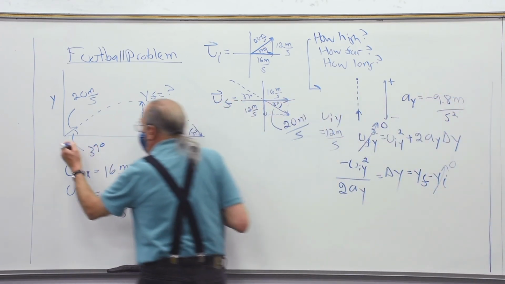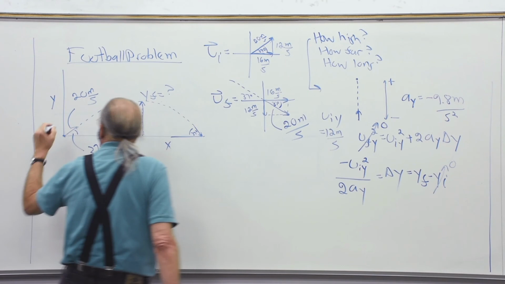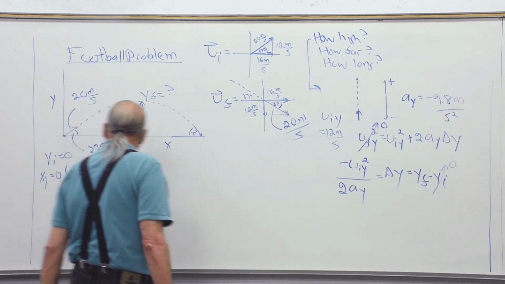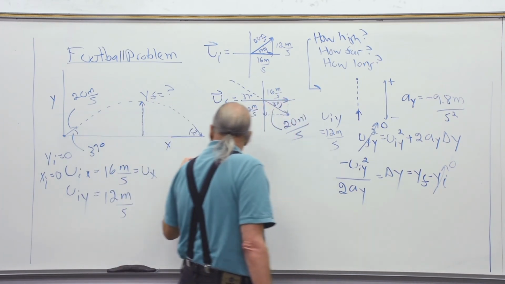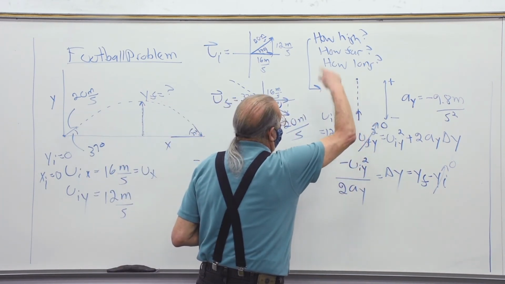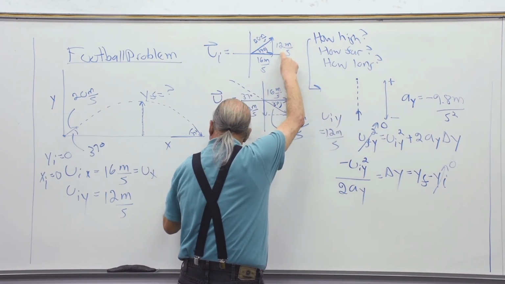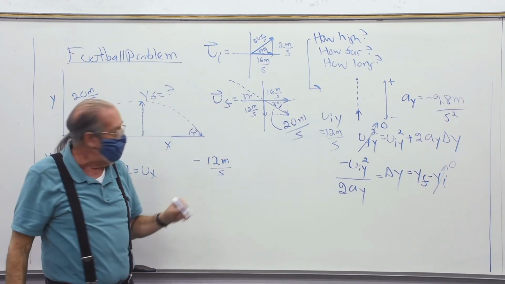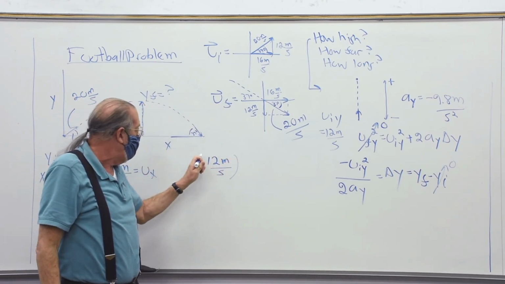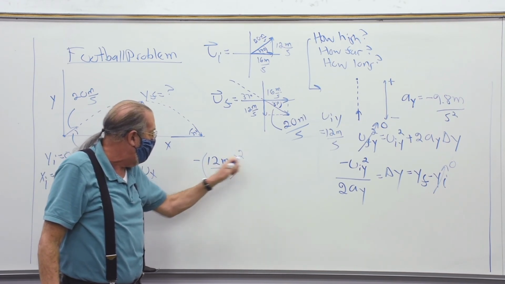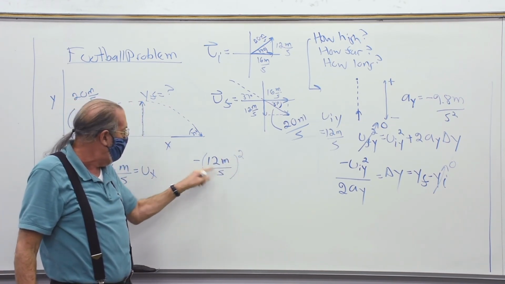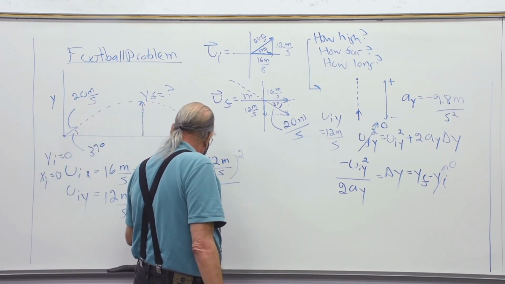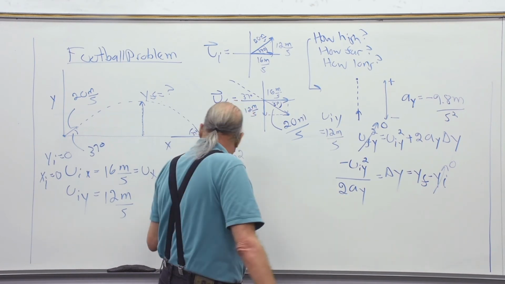We put our coordinate system right here. So y initial is 0. X initial is 0. So we plug and shove. Negative. And then we've got 12 meters per second. And don't make the mistake, the negative sign is not included in the squaring process. It is not included, it's outside of that. And what is a sub y?